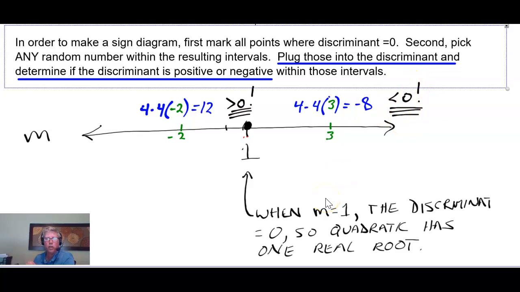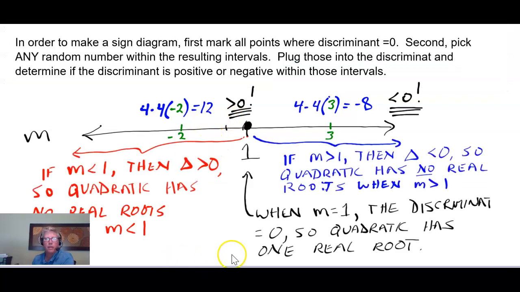Okay, so you've marked your zeros, you picked random numbers, you plugged them into the discriminant, and you've determined if they're positive or negative. Finally, you identify those intervals as positive or negative. So this interval over here we just put a big negative, and on this interval we put a big positive.